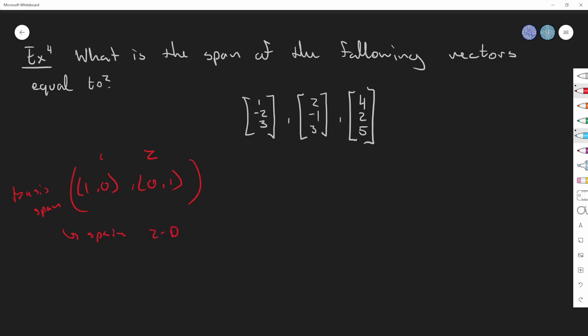a 2D space. And then the other one, if it was 3, so the 1 0 0, 0 1 0, and then, oh, this is the bases, and then 0 0 1, we have 1 2 3, so it spans the third dimension.